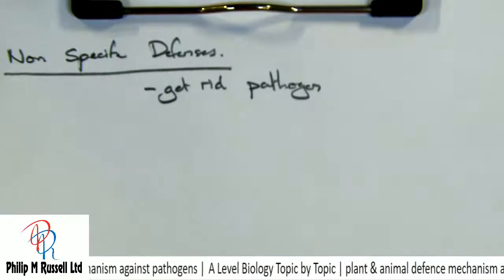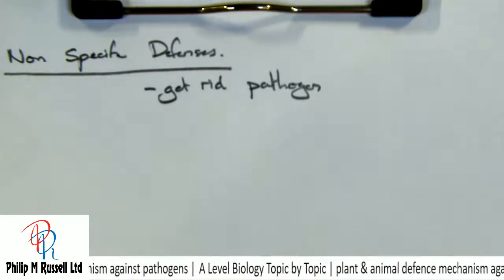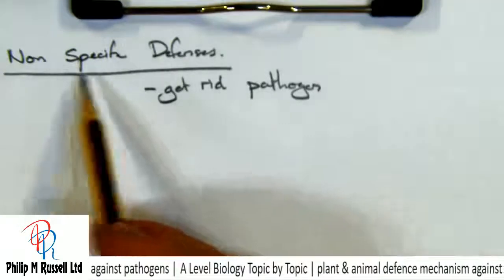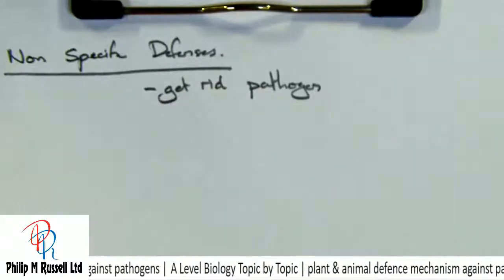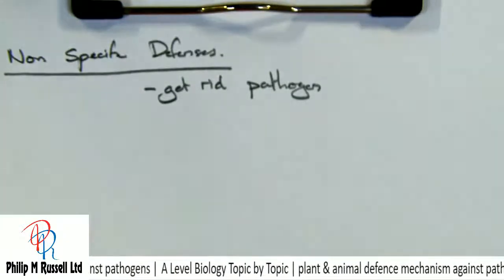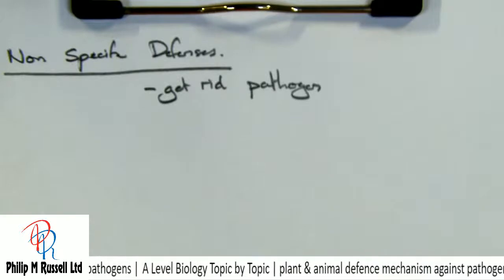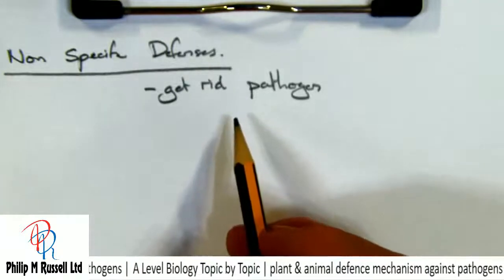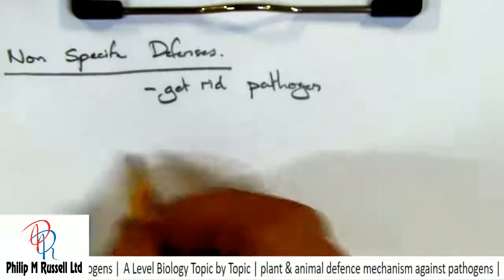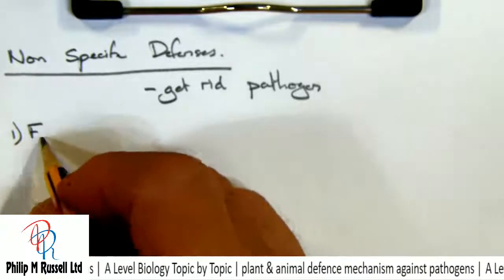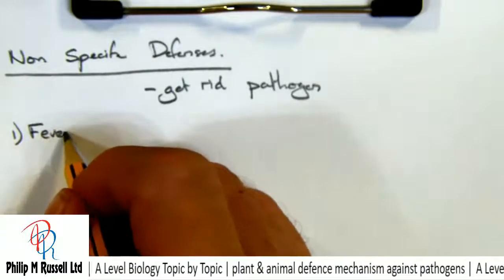Now there are two ways we can do this. We use the immune system for more specific things, and the first way is a fever.